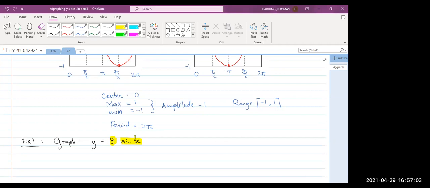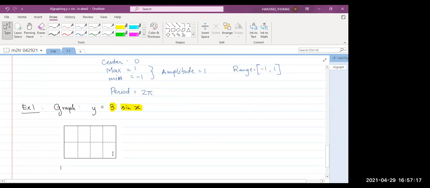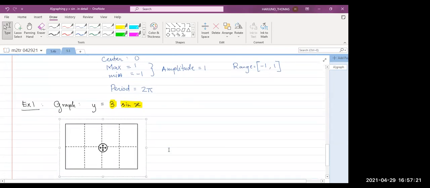Now, instead of stretching the graph, I will rescale the plane instead. I will still use the same plane. But instead, the maximum 1 now becomes maximum 3 and minimum -3. Why?